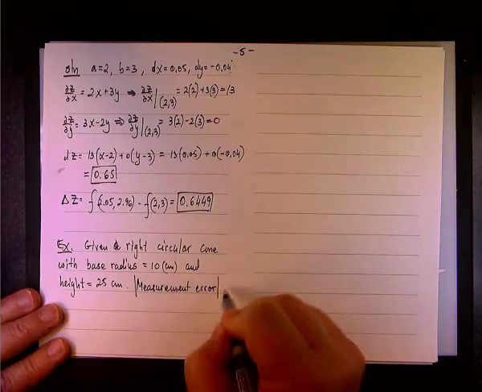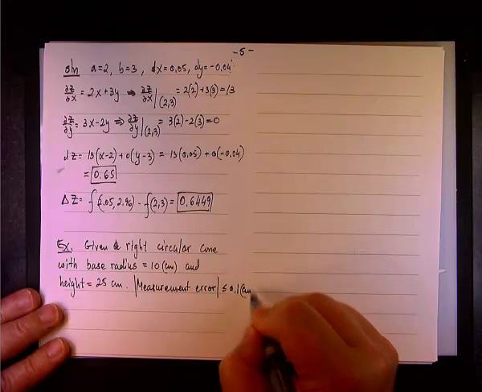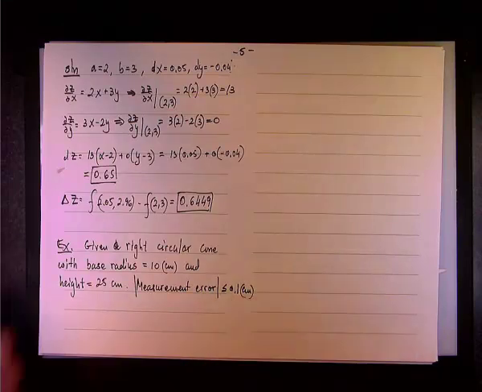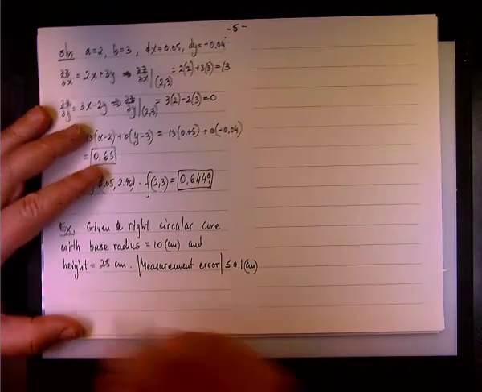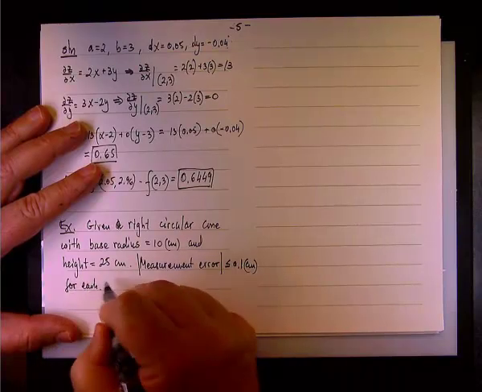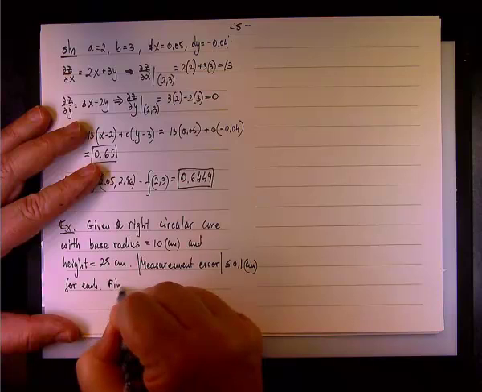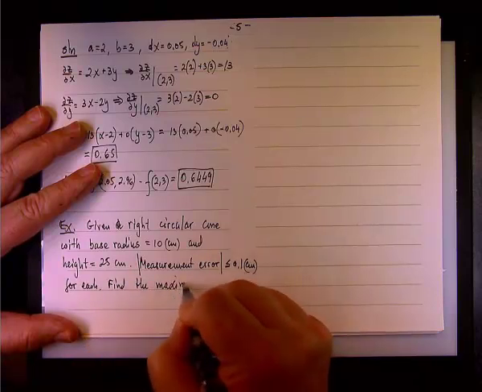Okay? The error in measurement, we are given that the measurement error, and I'll put it in absolute value because it can be on either side, positive or negative, is within 0.1 centimeter.